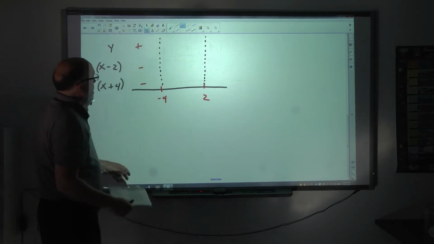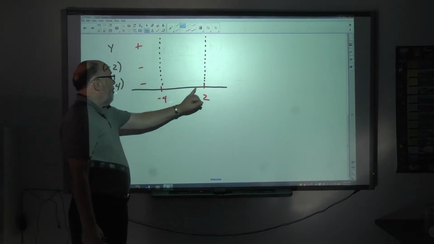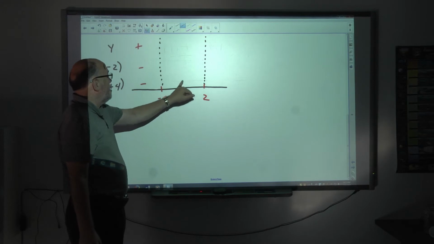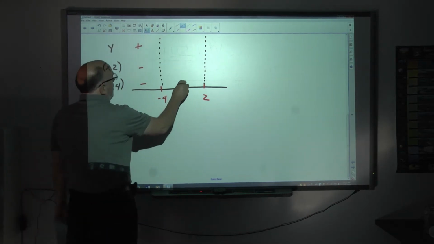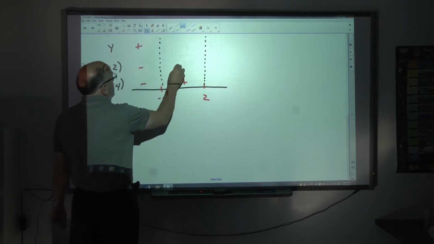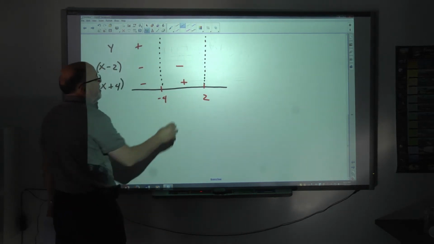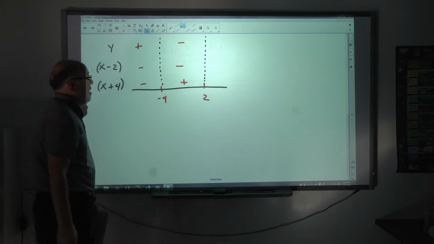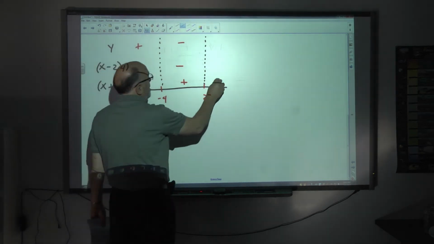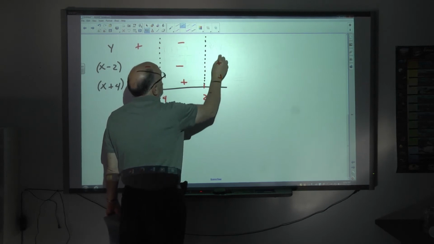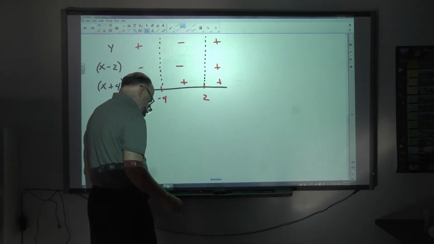Now I need a number in between -4 and 2, and the easiest choice is 0. If this is 0, this will be positive, this will be negative, and then positive times a negative is a negative. And lastly, if x is greater than 2, then everything here will be positive.